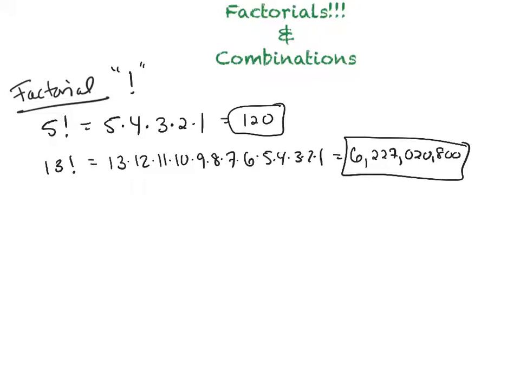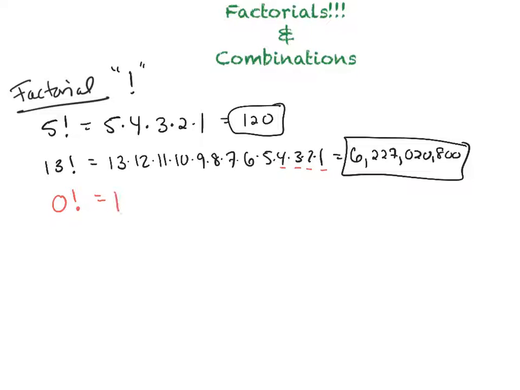One more factorial I want to do before we talk about combinations is 0 factorial. And 0 factorial is a really special factorial because it's impossible to take 0 and multiply every positive integer between that number and 1, because there aren't any.